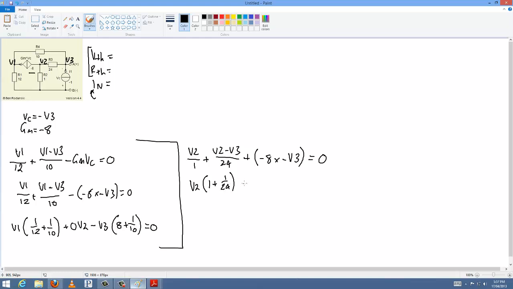I'm just going to leave out V1 because you already know it's 0, minus V3 1 on 24, and because that's plus, I'll just do minus 8 equals 0. I've probably made a mistake there.